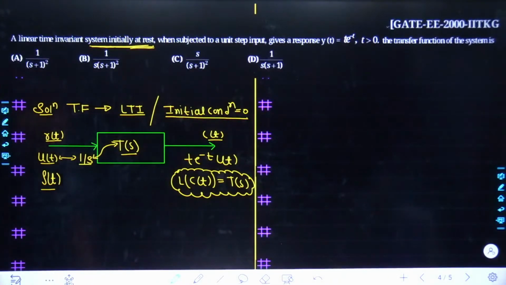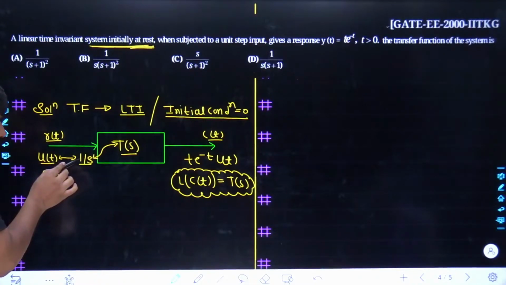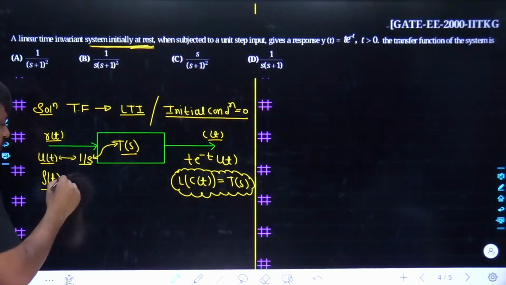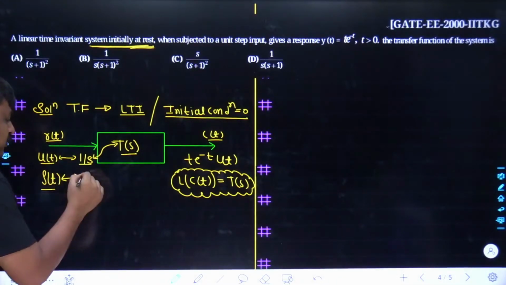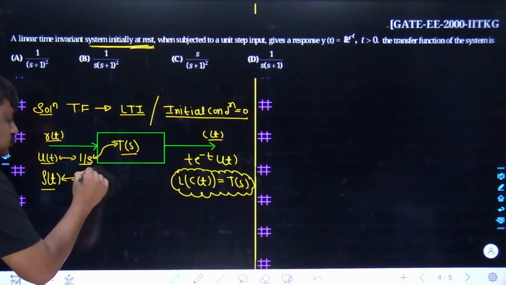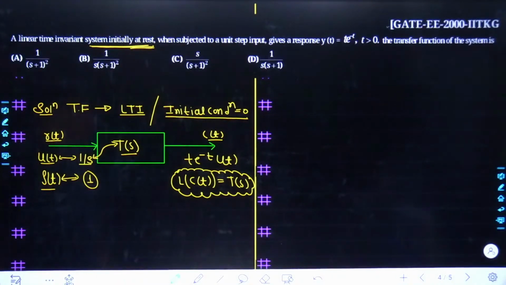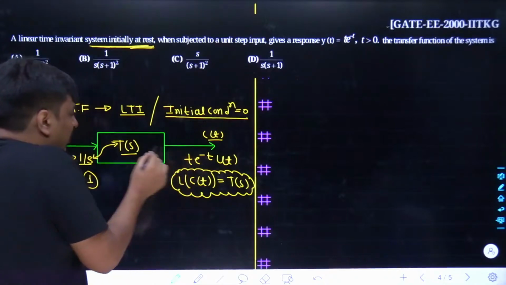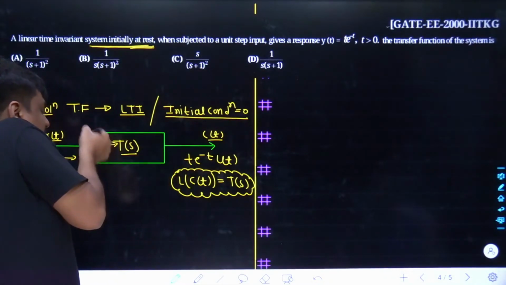But now what's happening? Did you understand? Now 1 upon s is vanished, because once you take the Laplace of delta(t), it is simply 1. So what is the change you are experiencing? Initially, this factor came because of the multiplication of T(s) with 1 upon s.